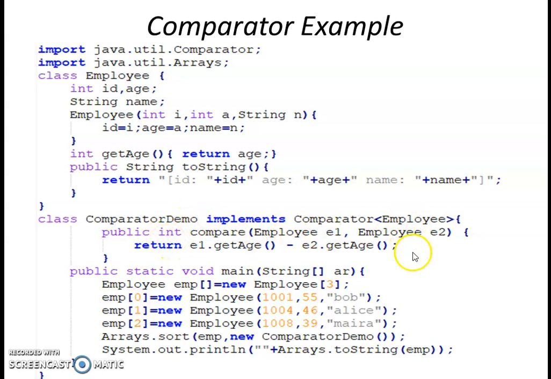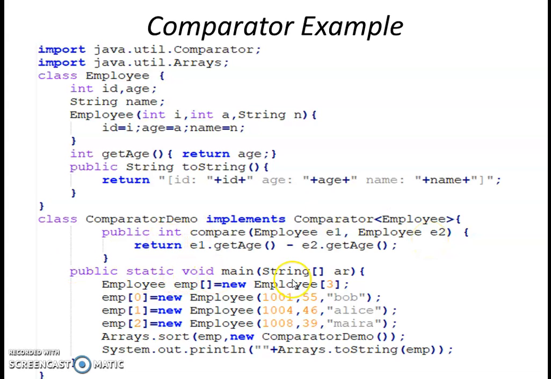It takes two parameters, two objects. So one object is e1 of employee, next is e2. And we must put public keyword over here because we are overriding method, and this method returns difference of ages of both objects. Here you can see e1.getAge minus e2.getAge. So it will return the difference of age of these two objects, right?